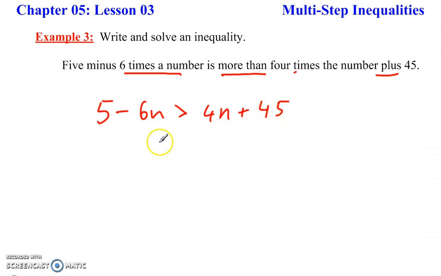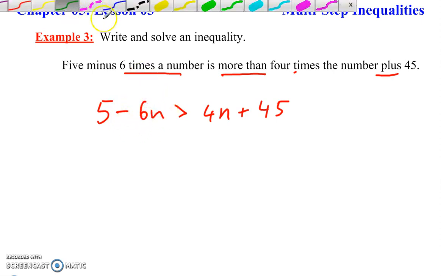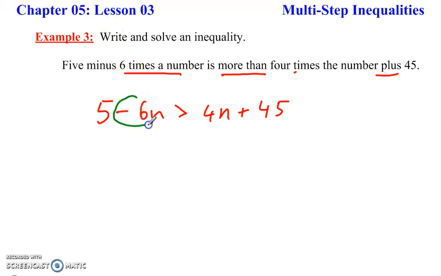Okay. To solve this, remember when we were solving equations, I told you always eliminate the smaller one of the variables. Now the smaller one in this case is the negative 6n. Remember that negative in front of a number goes with the number, so this one's the smaller one of these two. So I'm going to add 6n to each side. That leaves me with a positive coefficient.